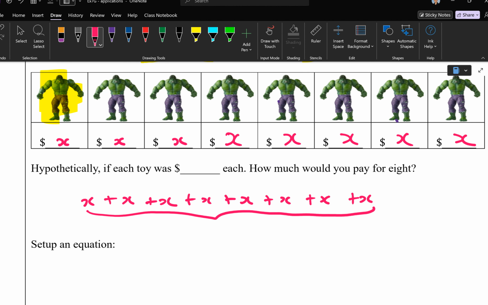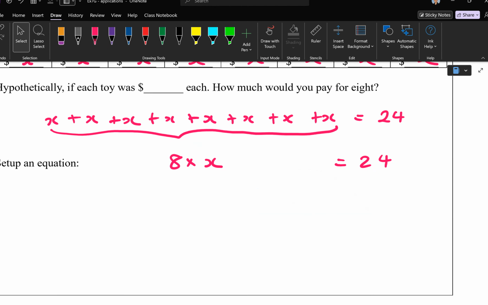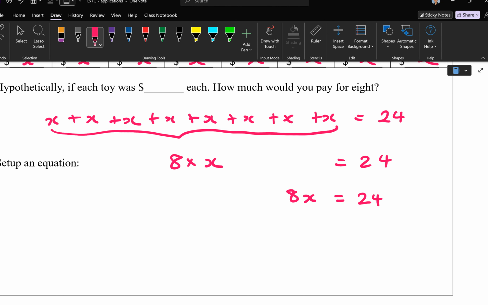So same thing here. We could have just done 8 times x. But remember, how much did you spend at the end of the day? You spent a total of $24. So what you can see here is I'm modeling the situation by thinking about it. And I've got myself an equation. And what's the equation? It is 8x is equal to 24.